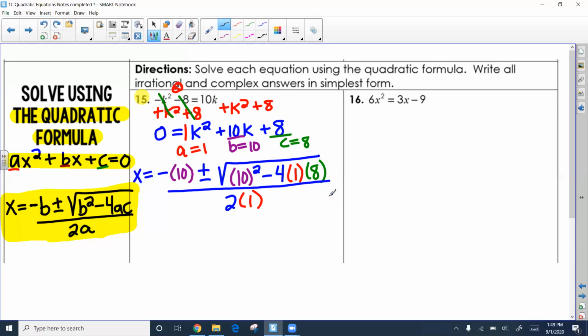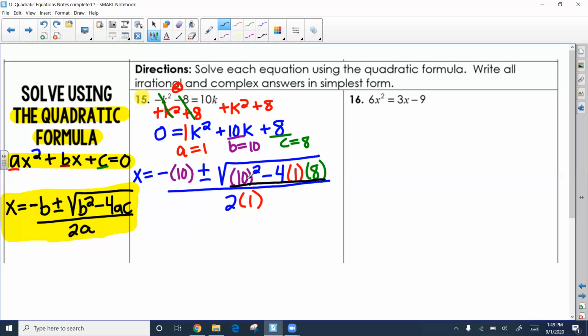All right, then all we have to do is simplify. So I like to simplify what's under the radical first because the radical acts like a grouping symbol, so I want to simplify that. Notice when I plug in all my numbers, I plug them in parentheses, which is a good habit, especially if we have negatives. Here we only had positives, but it's still a good habit to use parentheses.